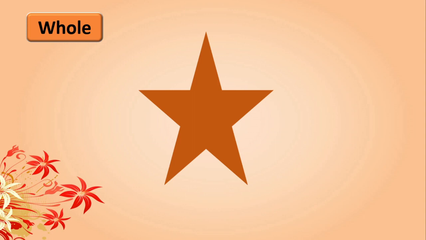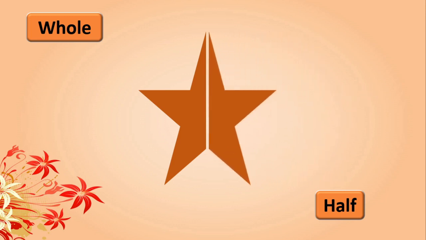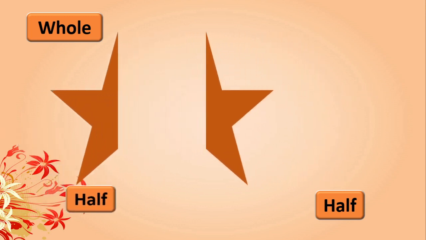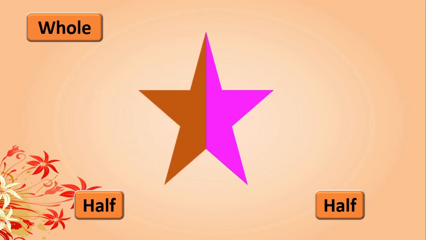Now we will cut this into two parts. That is nothing but half and one more half. Means in one whole we get two halves. Only and only two halves. Okay, this is about half.